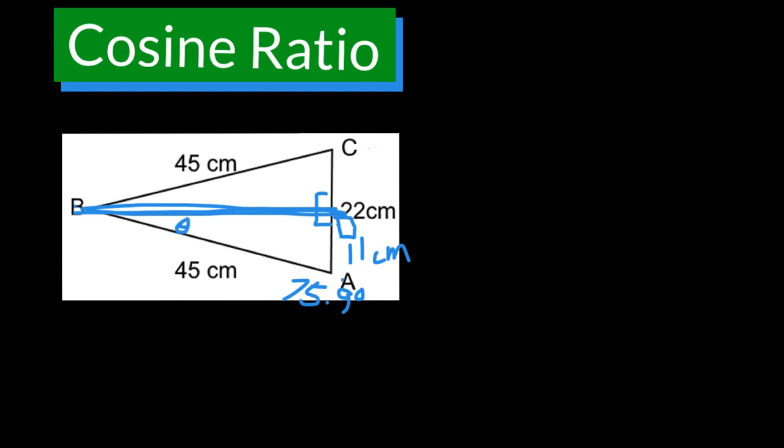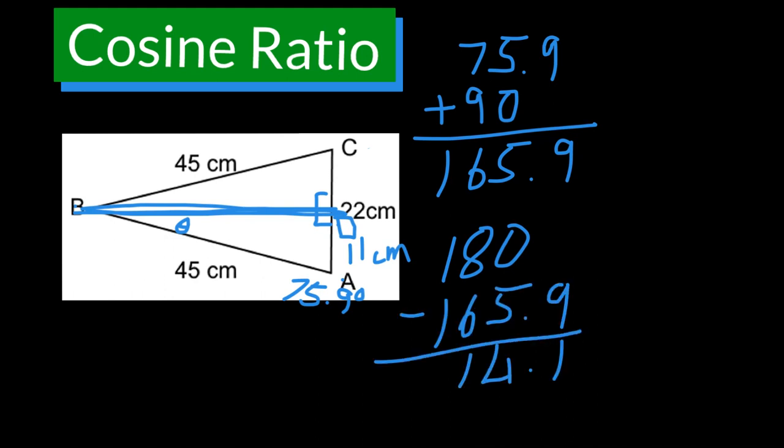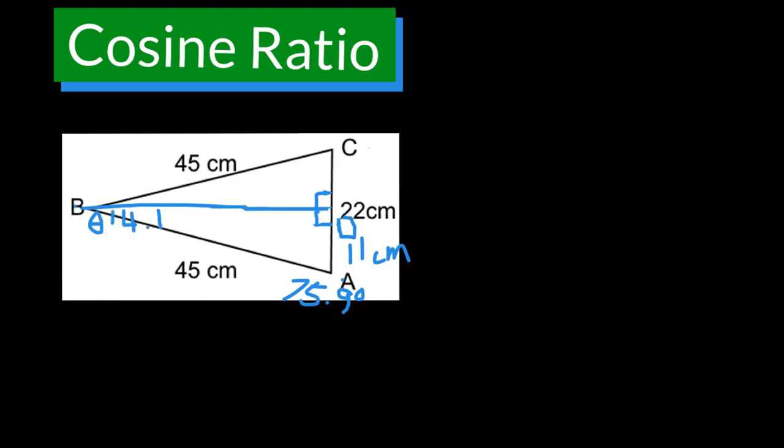We'll call it theta. 75.9 plus 90 equals 165.9 degrees, and we know that angles of a triangle total 180 degrees, so 180 minus 165.9 equals 14.1 degrees.